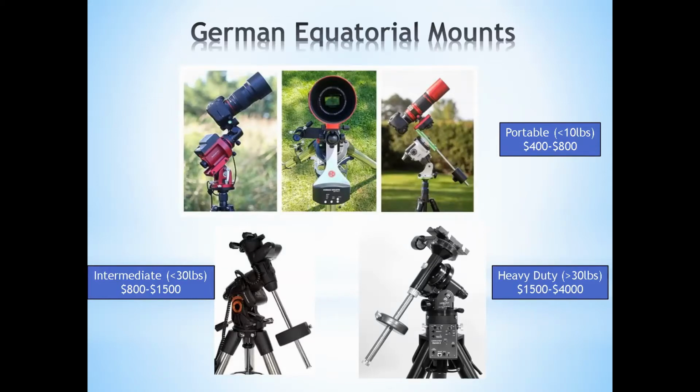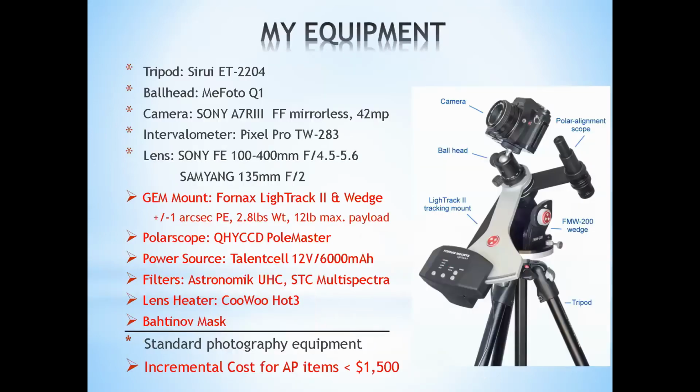I use this middle one here, which is in the portable range, because I wanted to be able to use it not only in my backyard, but travel with it or go to a dark site if needed. So here's my equipment. This is standard photographic equipment: a tripod, ball head, my camera, intervalometer, and a couple of lenses. And then I added some of these elements.